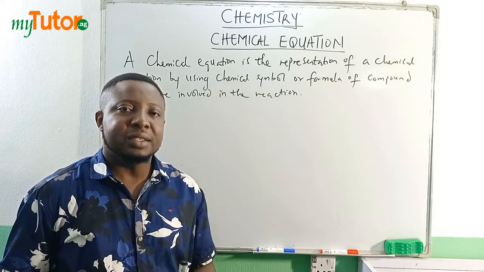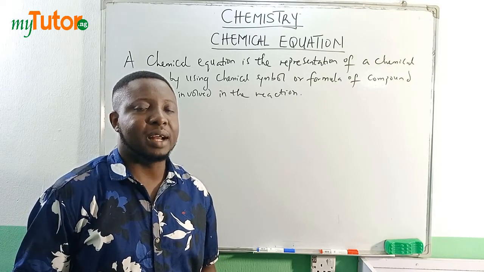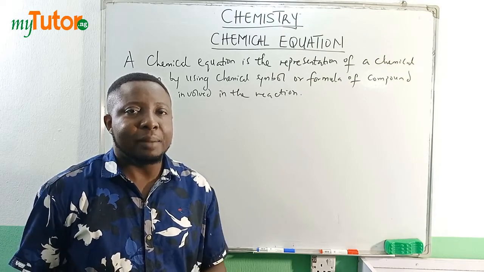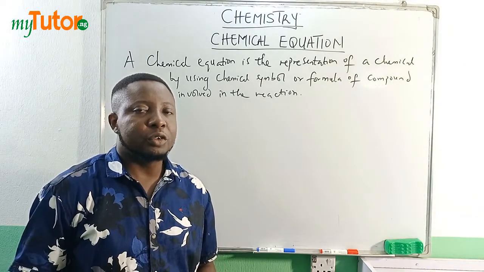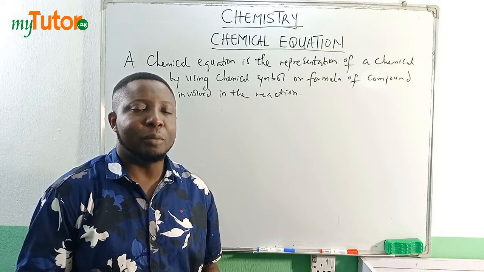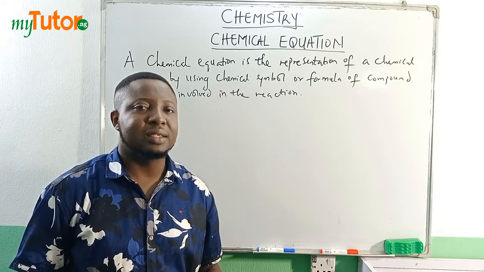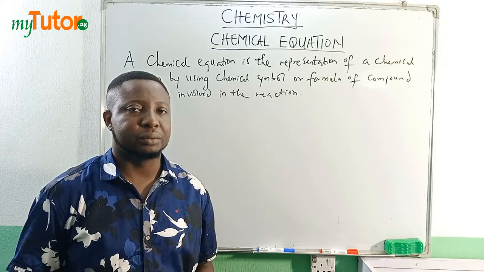So to represent a chemical reaction, we make use of a chemical equation. And a chemical equation involves using the chemical symbol or formula of the compounds that are involved in the reaction to represent the chemical reaction.